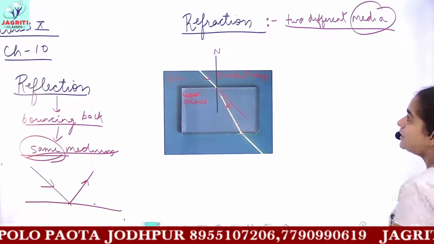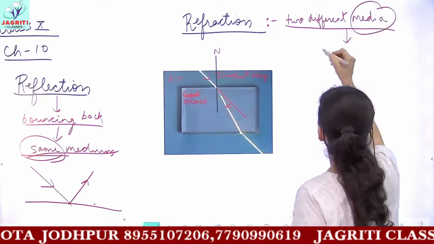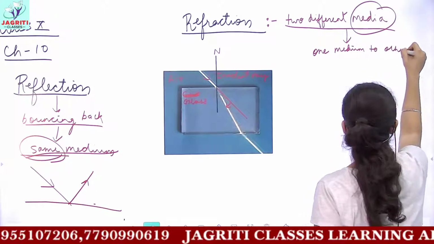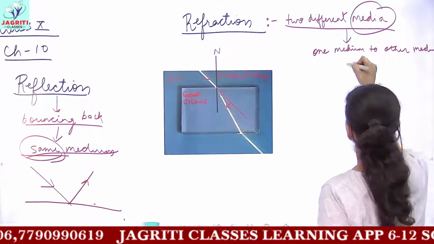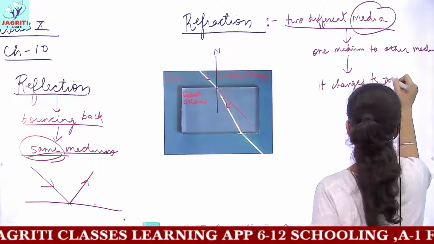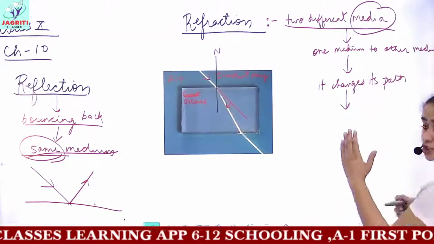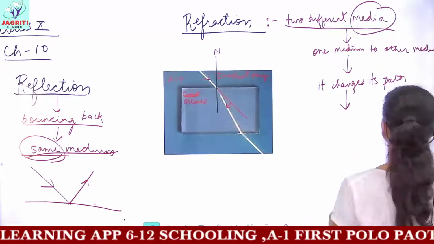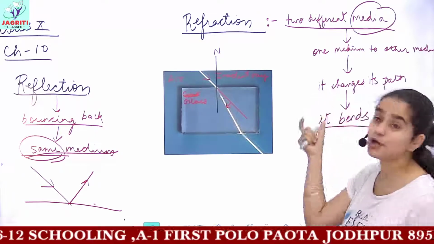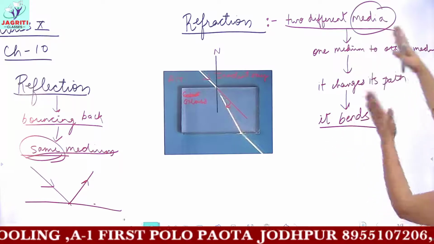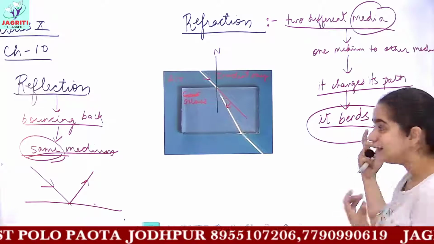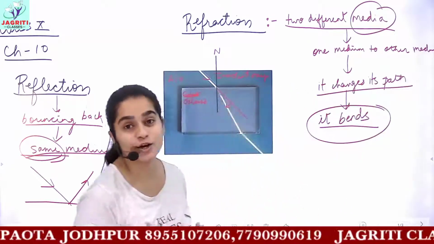So two different media are involved, and when the light ray travels from one medium to the other medium, it changes its path. And this change in path is shown by the bending of the light ray. So this phenomenon, when a light ray enters from one medium to a different medium, changes its path, or you can say gets bent, is known as refraction of light.